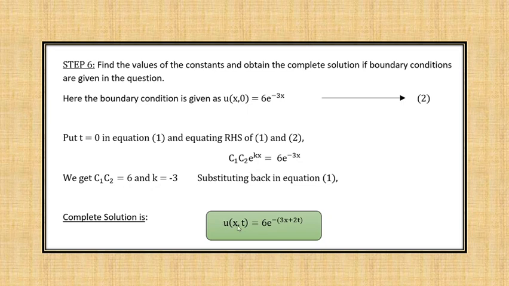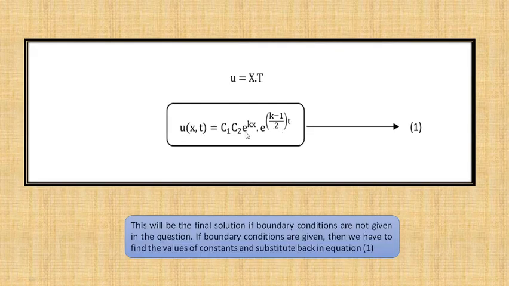We will get u of x,t is equal to c1 c2, that is 6 into e raised to minus of 3x plus 2t. We are substituting the value of k as minus 3 over here and simplifying, here e raised to minus 3x, and here it is going to be minus 3 minus 1, that is minus 4. Divided by 2, it will become minus 2, that is e raised to minus 3x into e raised to minus 2t.